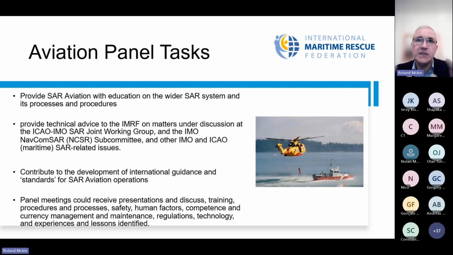Aircraft crew have their specific skills and knowledge, and they're designed to deliver a capability on scene, but the overall picture needs to be understood, and how SMC, SAR mission coordinators, develop search areas, and what the mission plan is, and what the aircraft's part in a bigger picture is often left out sometimes and not properly articulated. So learning from each other would be a good way to improve these things.